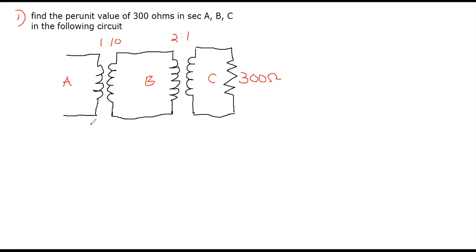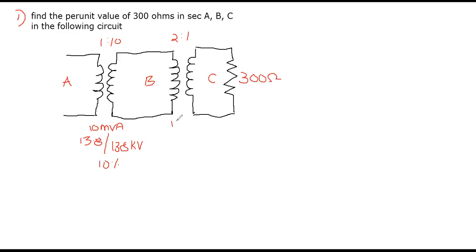Now this is 10 MVA. The rating of the transformer is 10 MVA. Voltage is already given, that is 13.8 by 138 kV. Now 10%. That means this is the per unit value of the impedance of this first transformer.